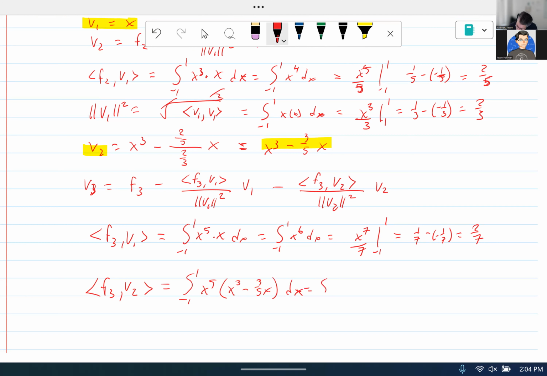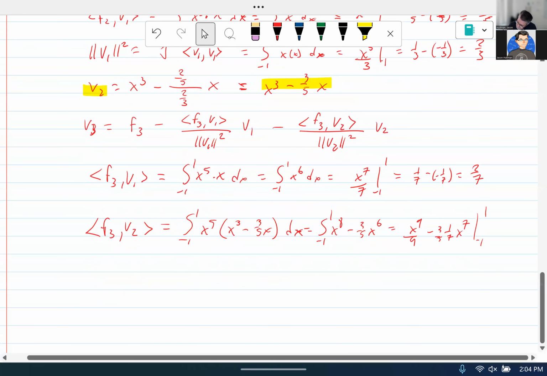That's going to be the integral from -1 to 1 of x to the 8th minus 3/5 x to the 6th, which is x to the 9th over 9 minus 3/5 times 1/7 x to the 7th, evaluated from -1 to 1.